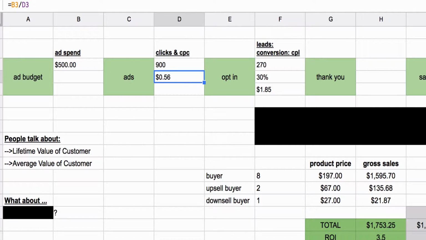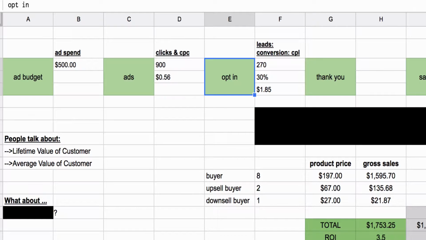And what you'll know is if this number is really low, then great, ads are working. If this number is really high, then you know you need to fix the ads, right? So look at each one of these as a conversion point or conversion hinge. So here, if this number is too high, you can fix the ads or potentially fix the targeting. But we'll assume that 56 cents is really great right now.